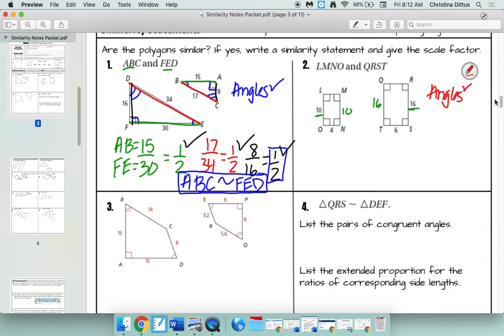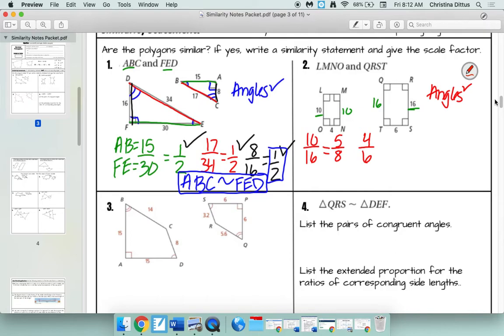10 and 16. Can I reduce that to what? 2/3? I don't know about that one. Is it really? That's what I was thinking. 2 goes into both of them, right? 5/8. And what's the other one that I'm going to match? 4 and 6. Could I flip this and make this 6/4?